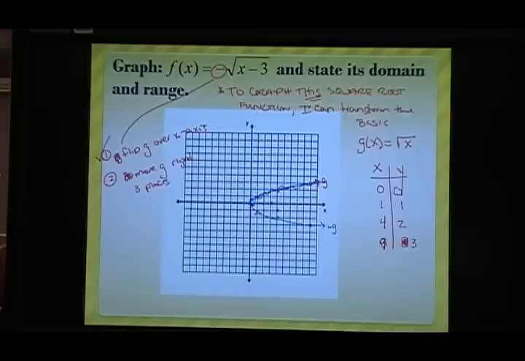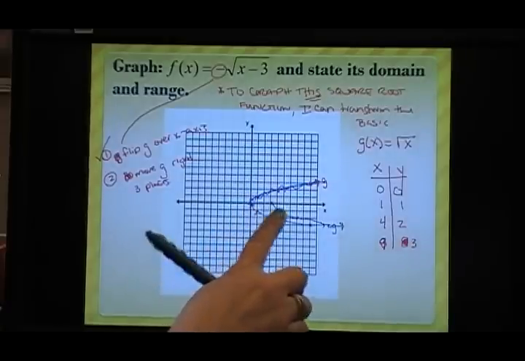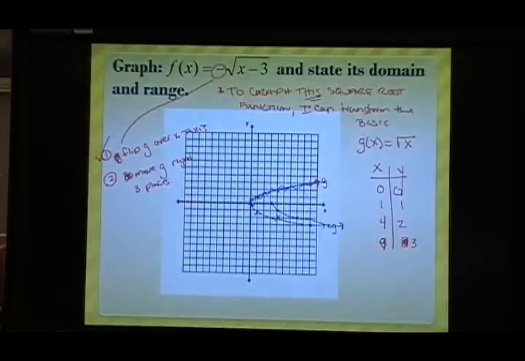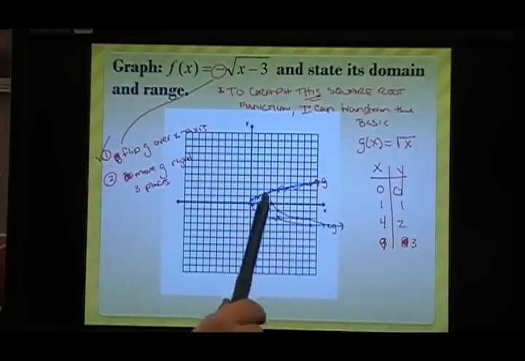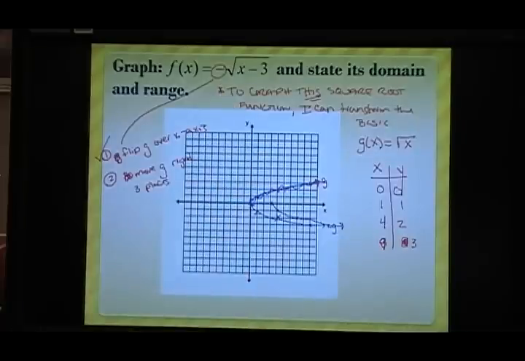Take this point to the right, 1, 2, 3. And take this point to the right, 1, 2, 3. And so, this is my fixed point. It looks exactly the same, just now shifted to the right 3 places. So this is the graph of f. If you can even see that.